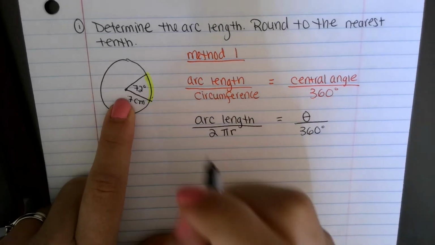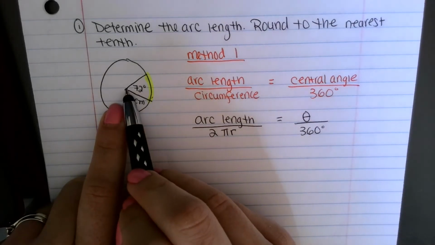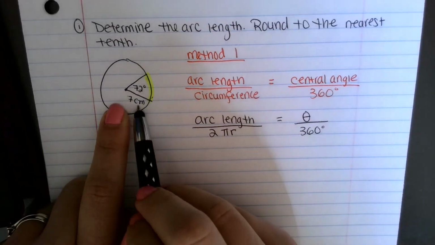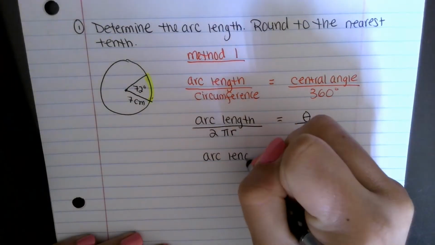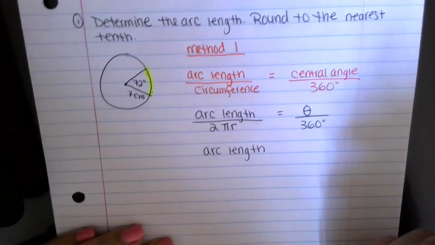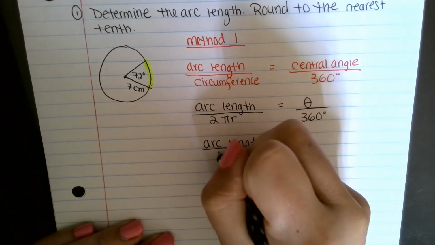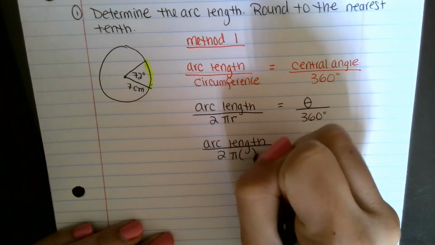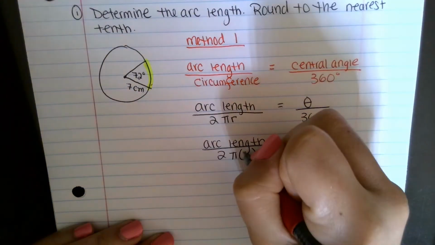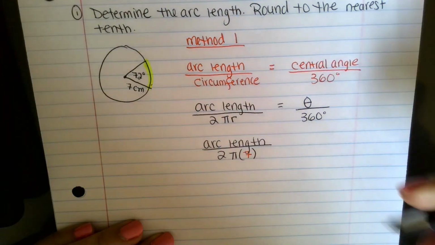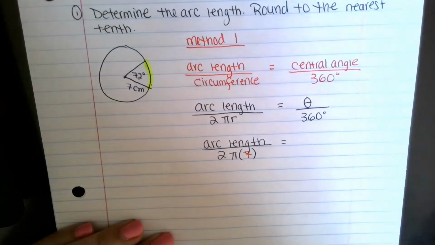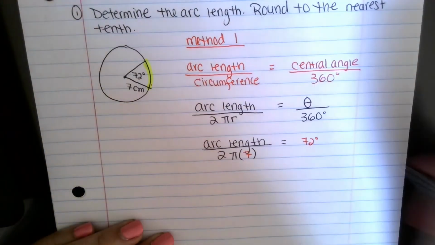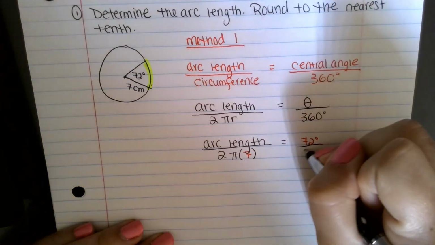Our radius is from the center point to a point on the circle, so that'll be 7. So we have arc length over 2 pi times my radius, which was 7, equals my central angle, which was 72 degrees, over 360.